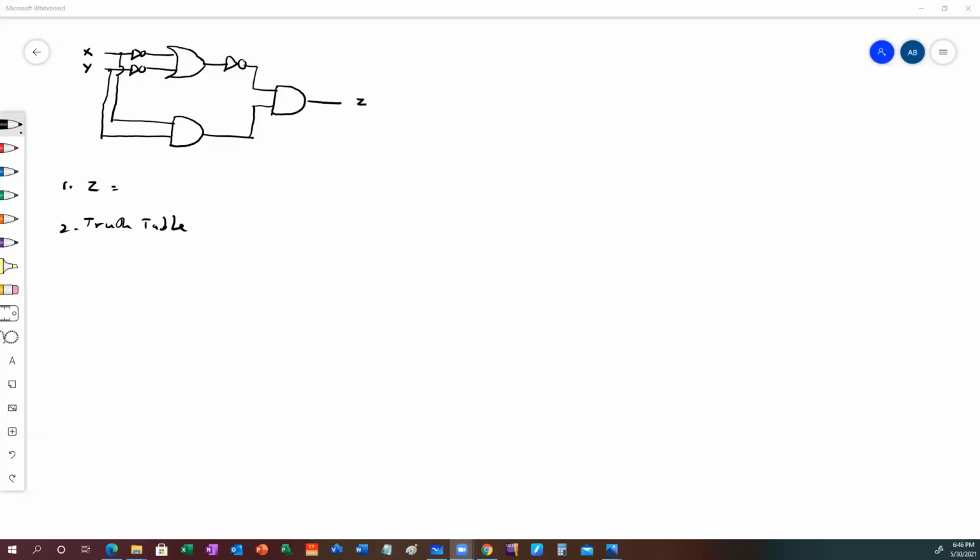Right, Methmi, did you get the Boolean expression? Yes, sir. What is it? Gatsari? Yes, sir. What is the expression? Tell me that. X bar OR Y bar, full bar, and X and Y.